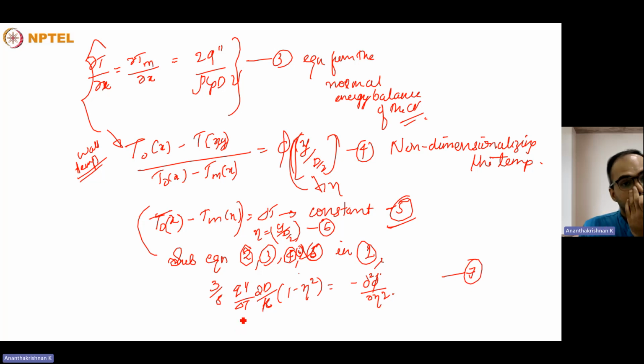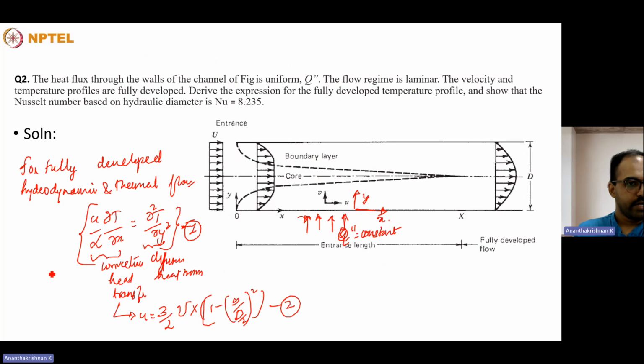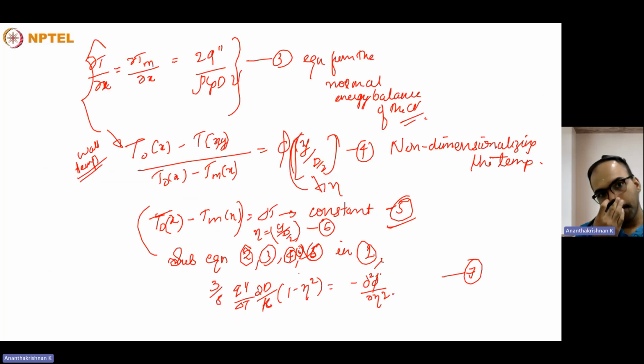Here it is a parallel tube, so the hydraulic diameter will be equal to 4 into area divided by perimeter. That will be equal to 2 times the width of the parallel channel.